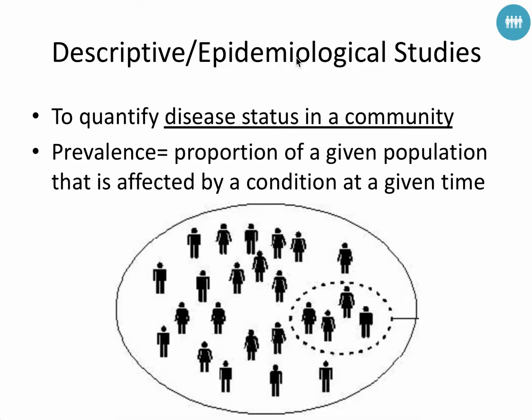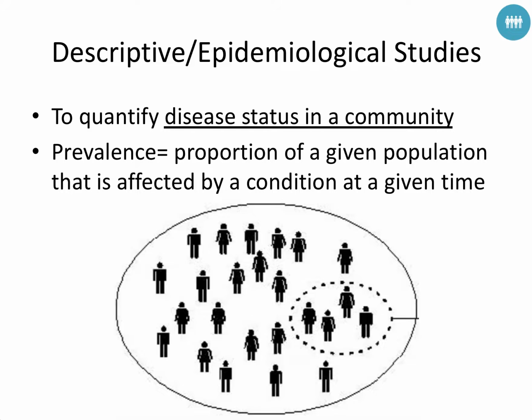So our first big category of dental literature are the descriptive or epidemiological studies. Epidemiology is the study of the distribution and determinants of disease. And we had a whole video dedicated to this topic, so you're already experts on this. These studies are large-scale community-based studies to quantify the disease status in a community.